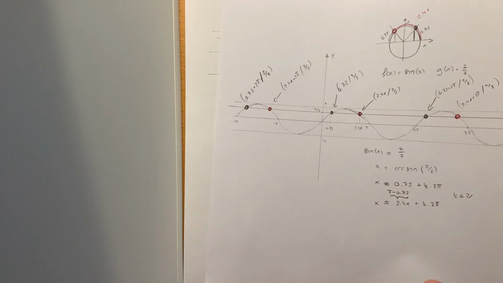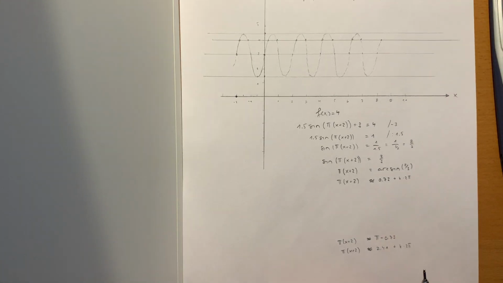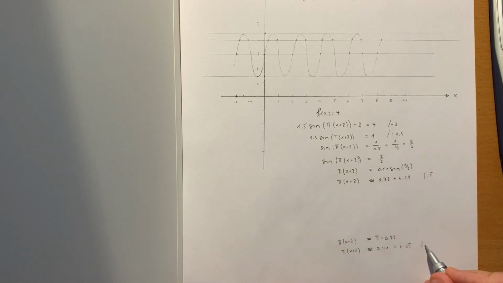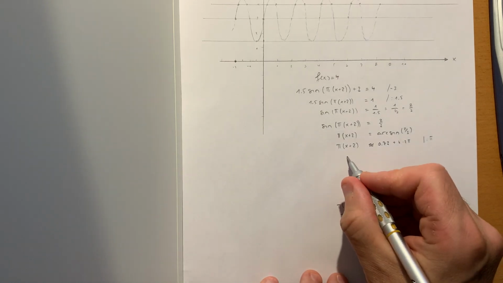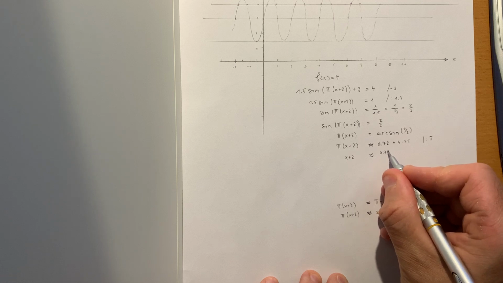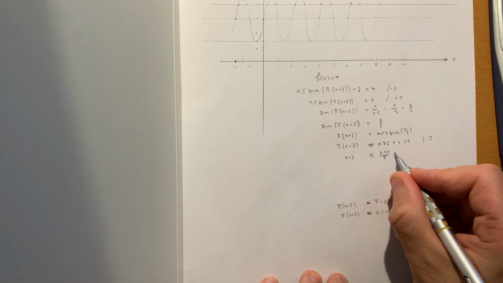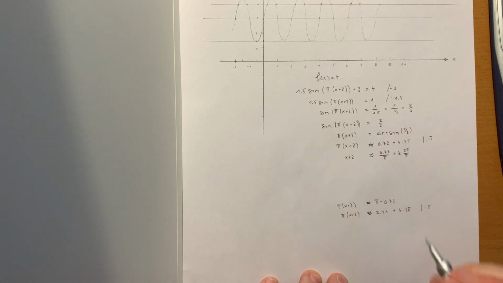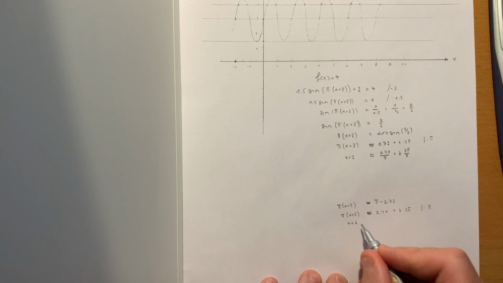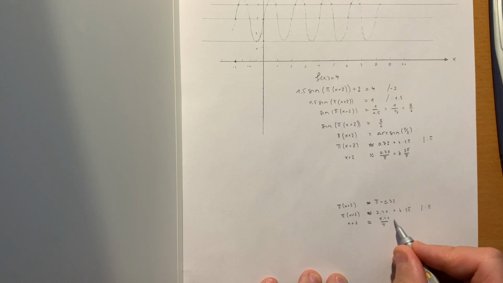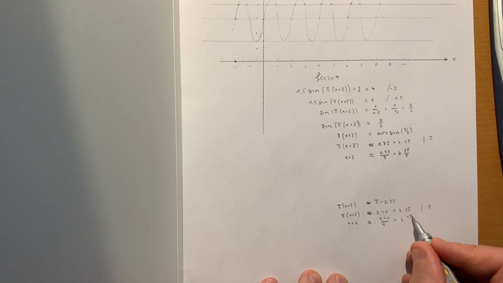K times 2 pi. Look, this is a crucial moment. Now you'll see something. Let's divide both by pi. So we're going to get x plus 2 equals 0.73 divided by pi, plus k times 2 pi divided by pi. And here, x plus 2 equals 2.41 divided by pi, plus k times 2 pi divided by pi.